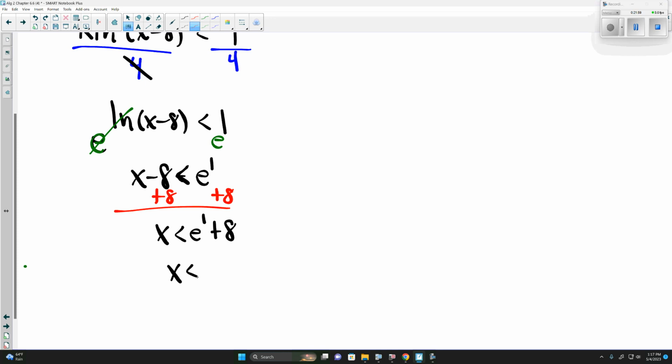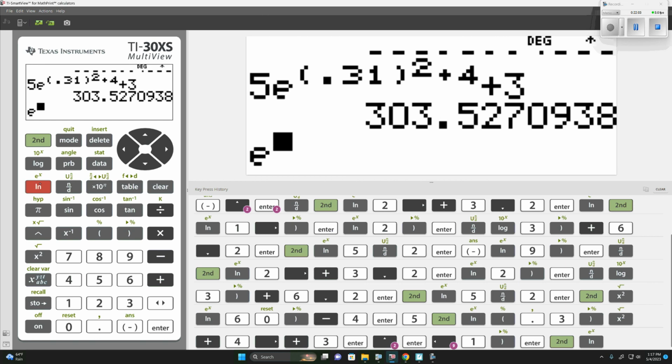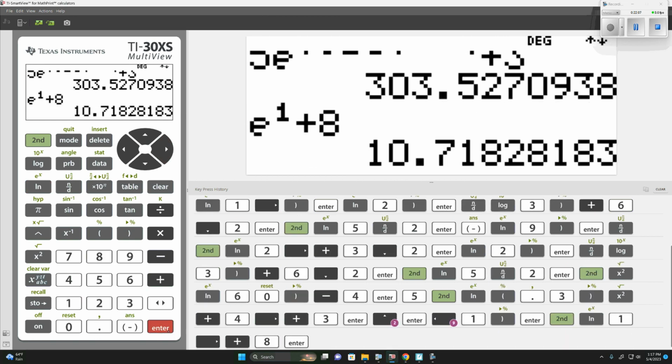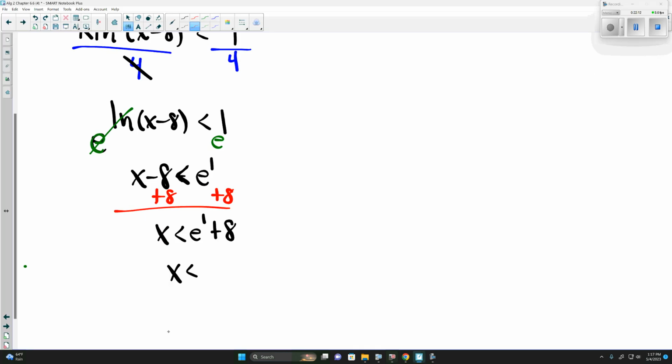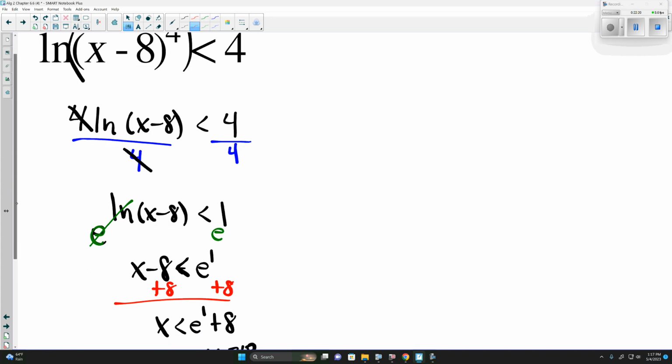Give you all a second to catch up. Now, with e, we still have to put first. 10.718 is what we have. Now, we did forget to do this. I forgot to do this, is our restrictions.